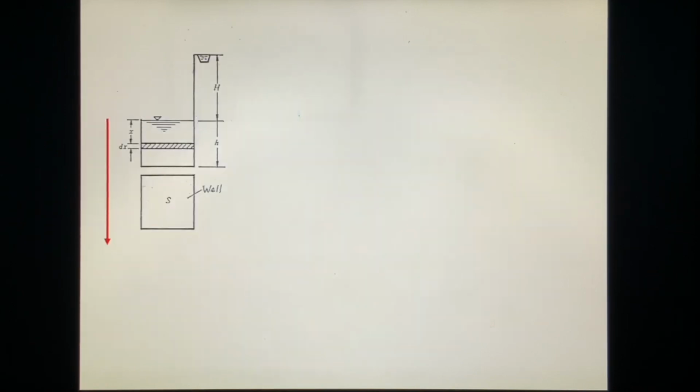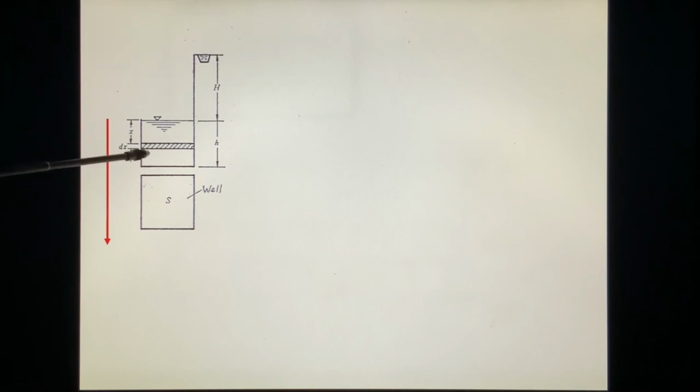For example, if I take the reference origin on the surface of the water and downward as the positive direction, we look at this horizontal layer. We pump this layer to the target place.